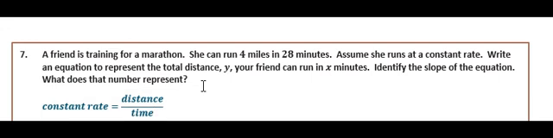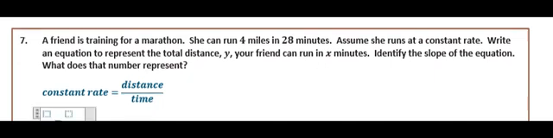So backtracking to some earlier lessons in Module 4, we know when we are given the constant rate of something and we're given the variables y and x, that we want to create a proportion where we compare the given constant rate to our distance over time. What would our proportion look like filled in?